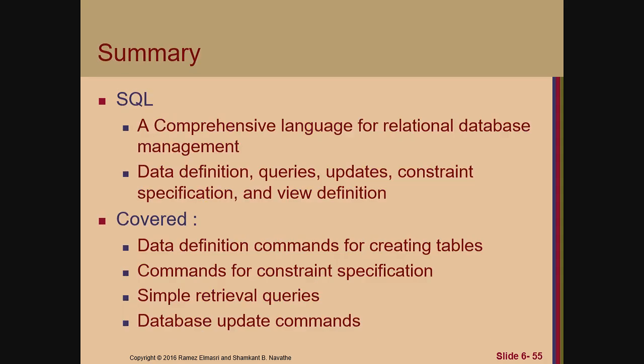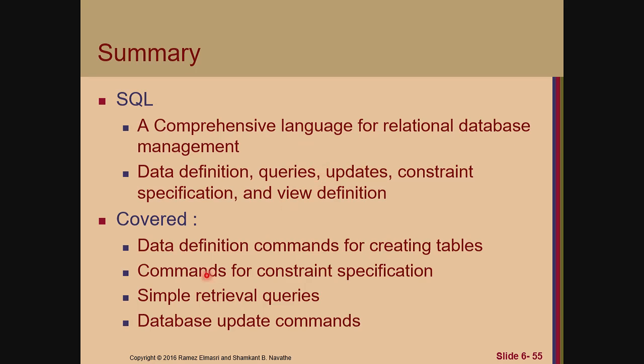Okay. So today, the first thing we talked about was create table, right? Actually, basic SQL, a comprehensive language for relational database management: data definition, data types, and queries like select with conditions, and also update, constraint specification, and view definition.